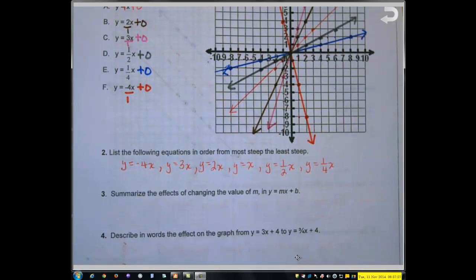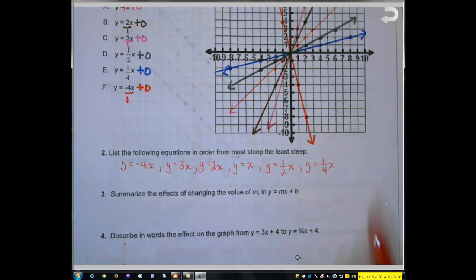Okay, so when we change the value of m, the further the slope is from 0, the steeper the line.